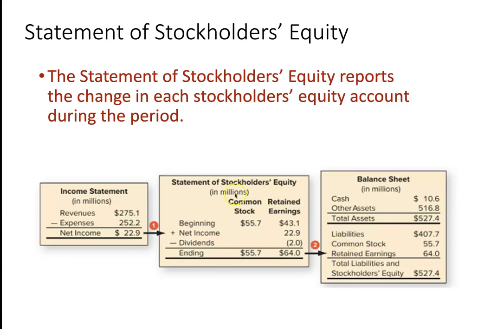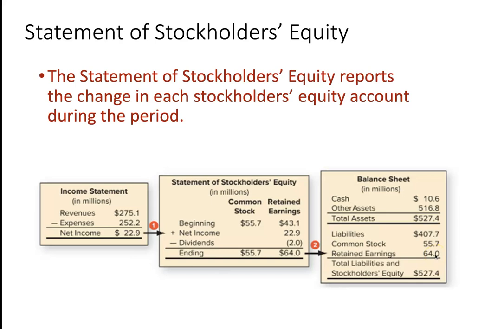You can also see the stockholders' equity statement is basically the linkage between the income statement and the balance sheet. We talked about it in the previous two videos that the balance sheet reflects a snapshot, which means at the end of the year, on December 31st, 2020, the company has accumulated retained earnings of 64.0 million.